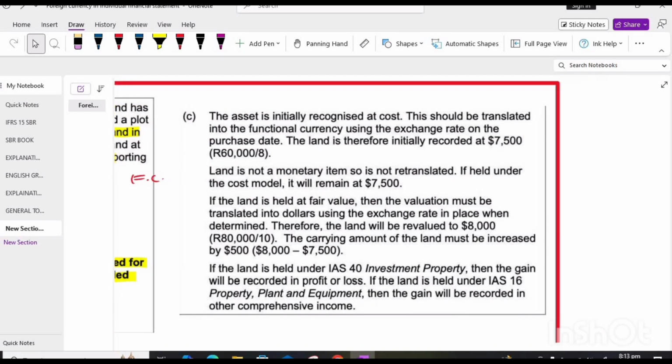Here, you see. Okay, the asset is initially recognized at cost. This asset means the land, and that should be translated using the functional currency and the exchange rate on the purchase date. So the land is therefore initially recorded at $7,500 because 80 is divided by 8, because this is the exchange rate.